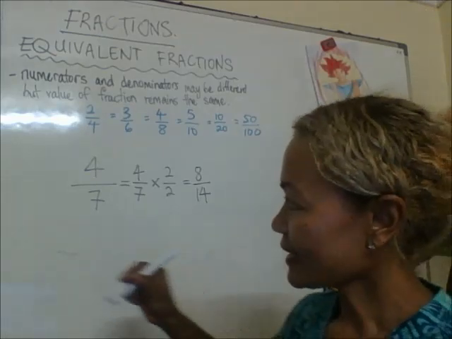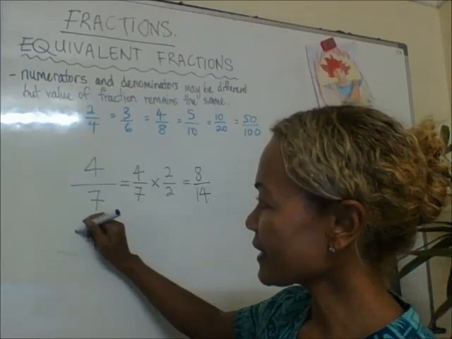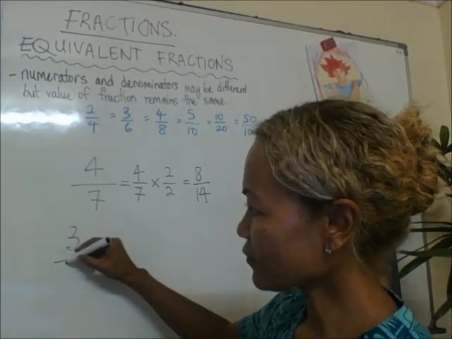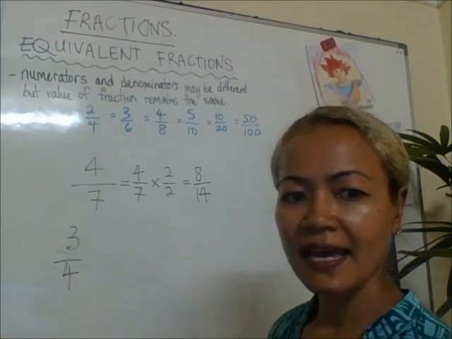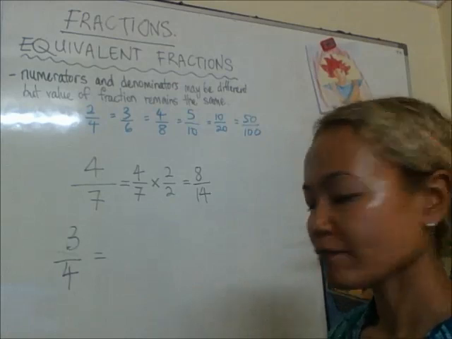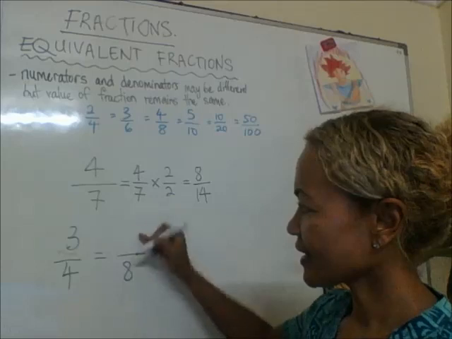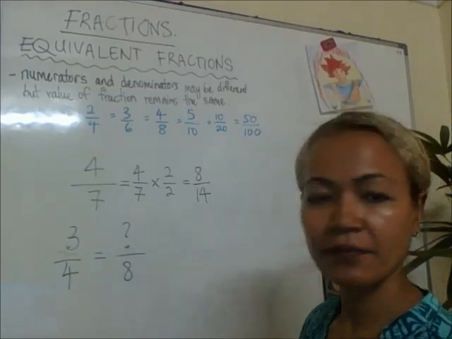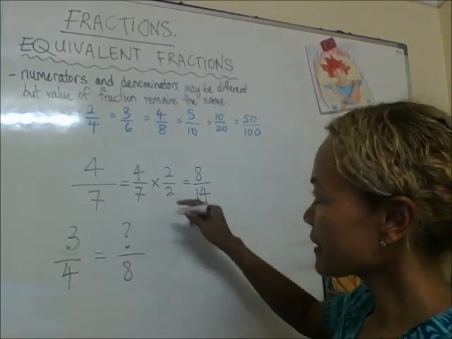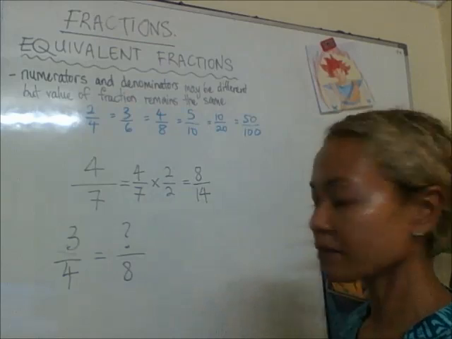Okay. Now say we are trying to fill in the blanks. So say we start with the fraction 3 over 4, and someone has given you 8, and you are supposed to come up with the number on top. Now, what have we learned from up here? Whatever you multiply by the bottom, you also multiply by the top.